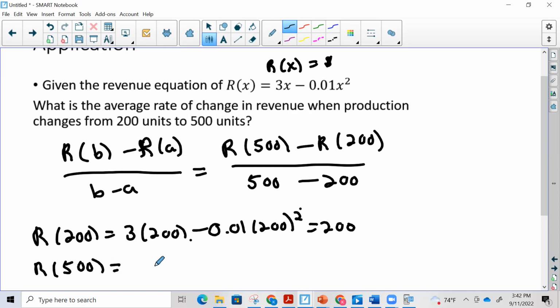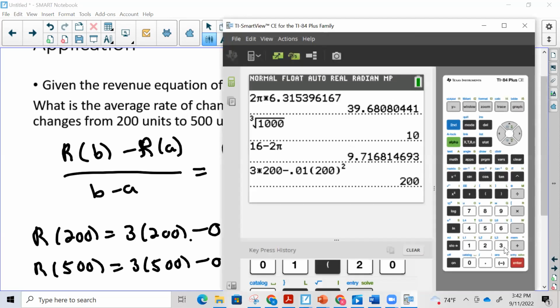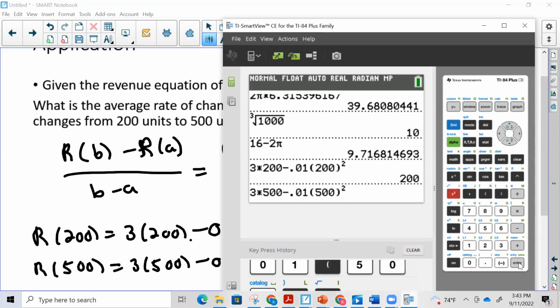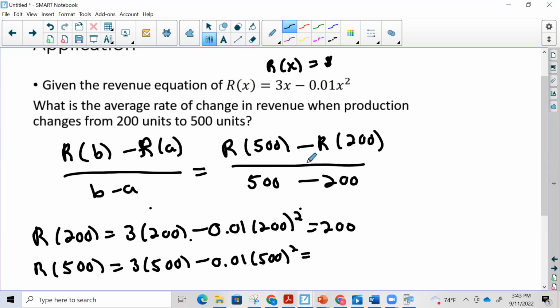So again, in our menu, we could do it, or in our table, we could do it, or we could do it here. And so that gives me negative 1,000.